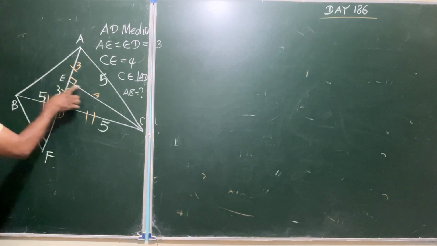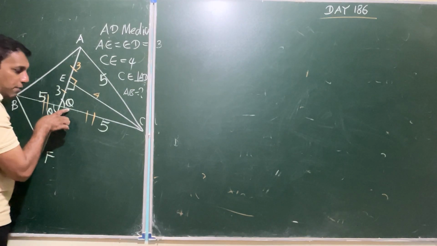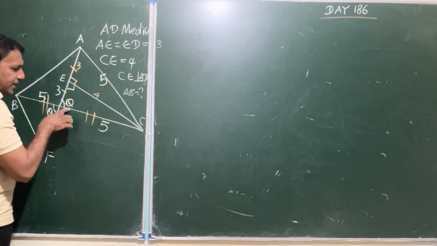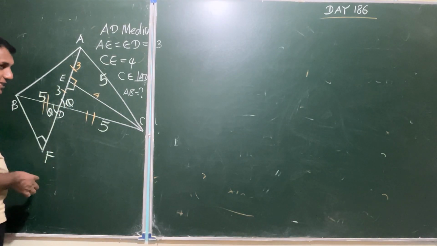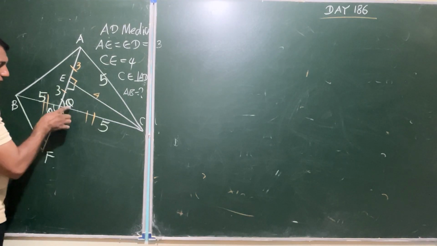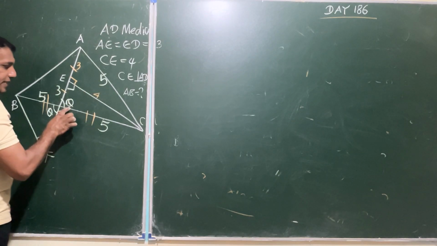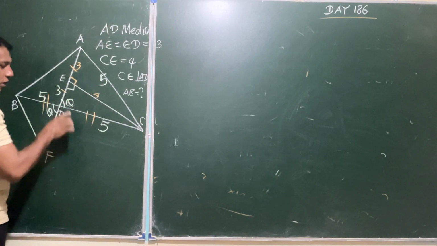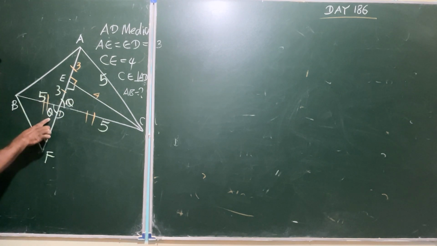So what is tan theta? Trigonometry. Tan theta is 4 over 3, opposite divided by adjacent. What is sin theta? Sin theta is 4 over 5, opposite divided by hypotenuse. So you know here theta, here theta.